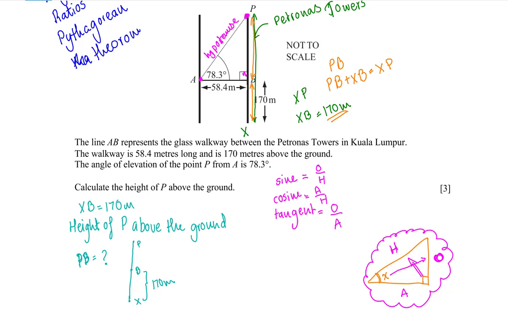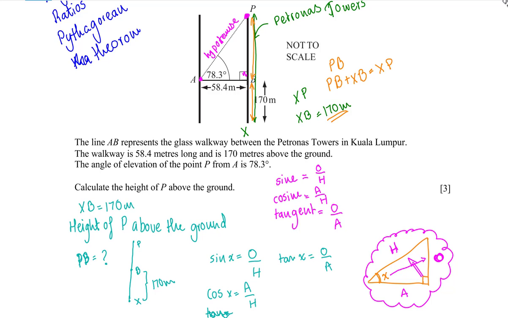Since we're finding a side, we're going to use this format: sine of the angle, let's call it x, is equal to opposite over hypotenuse. For cosine, cosine of x is equal to adjacent over hypotenuse. And tangent of x is equal to opposite over adjacent.